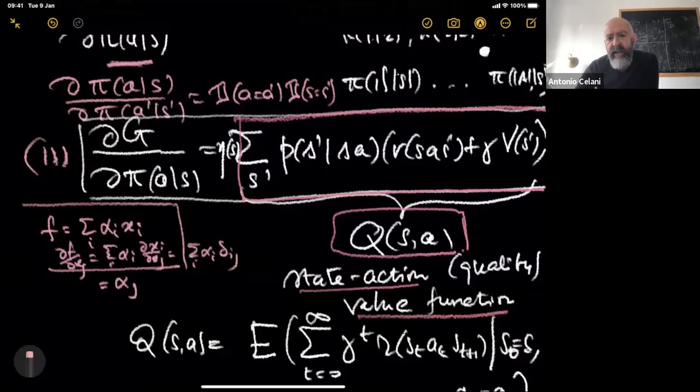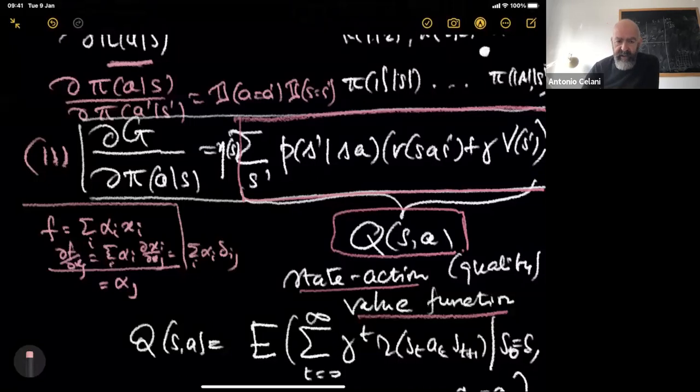So this quantity here is nothing but what you expect to collect as a discounted cumulative reward if you start from a given state and a given action. The difference with the value is just that the value doesn't condition on the action, just on the state. That's why it's called the state action value function, but it's the same thing.